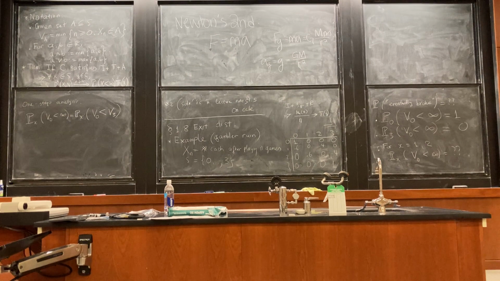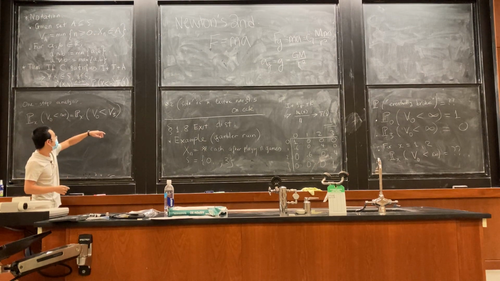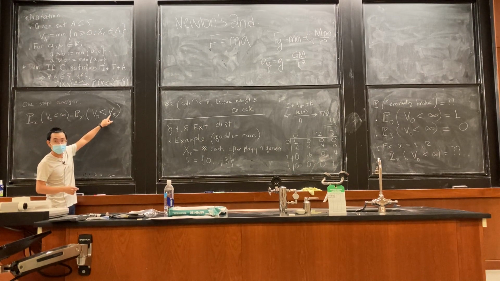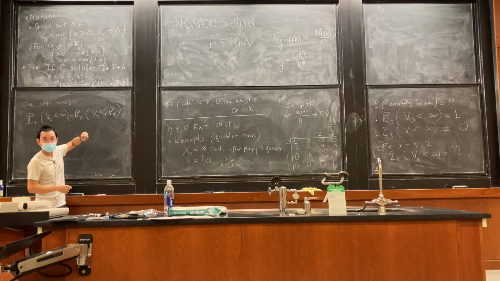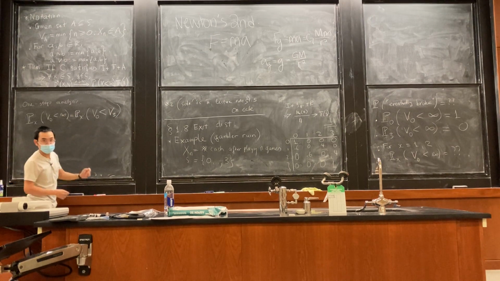If I hit 0 before I hit 3, that means I am broke. If V0 is finite, that also implies V3 has to be infinite.